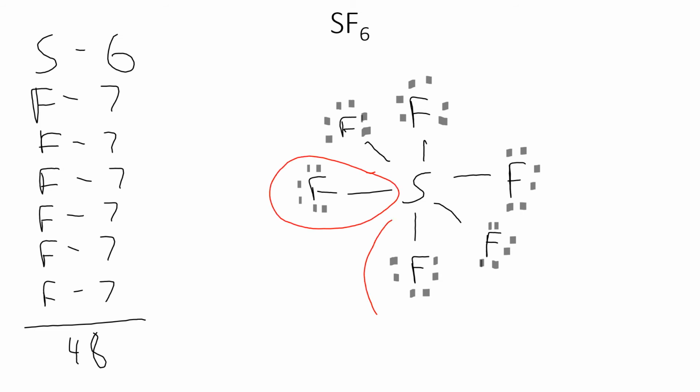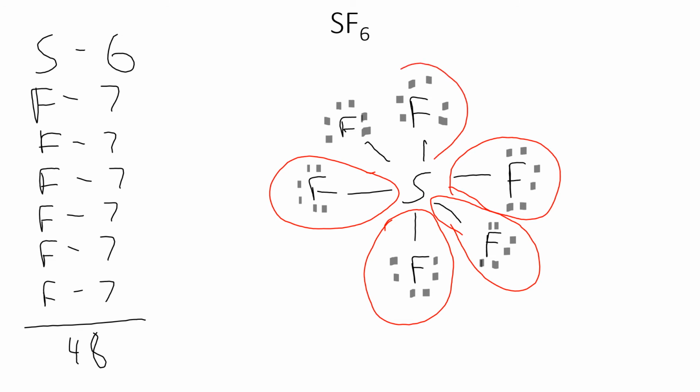And the answer is yes, we do have 8 around each fluorine. 2, 4, 6, 8 around that one. Bottom one, 2, 4, 6, 8. Yes. One on the bottom right, 2, 4, 6, 8. Yes. 2, 4, 6, 8. Yes. 2, 4, 6, 8. Yes. All the fluorines are good.